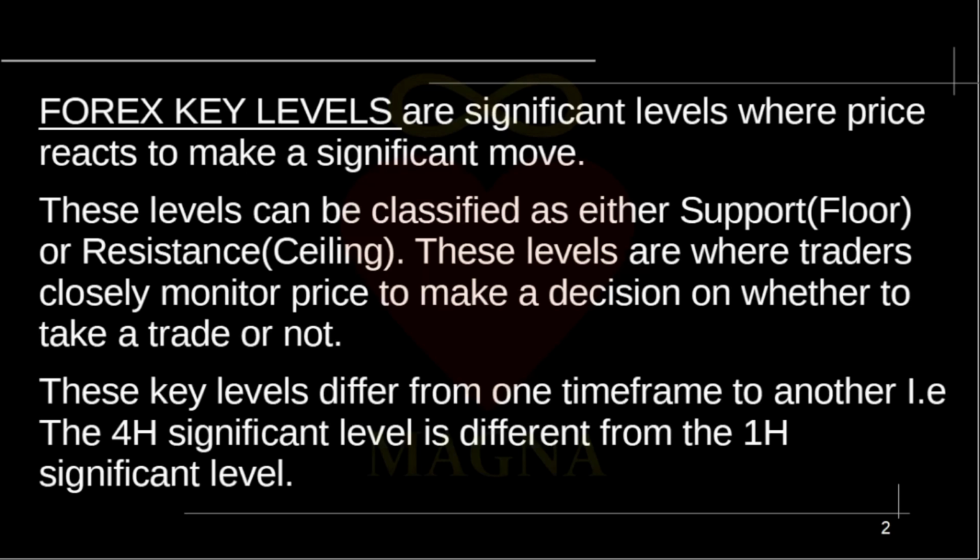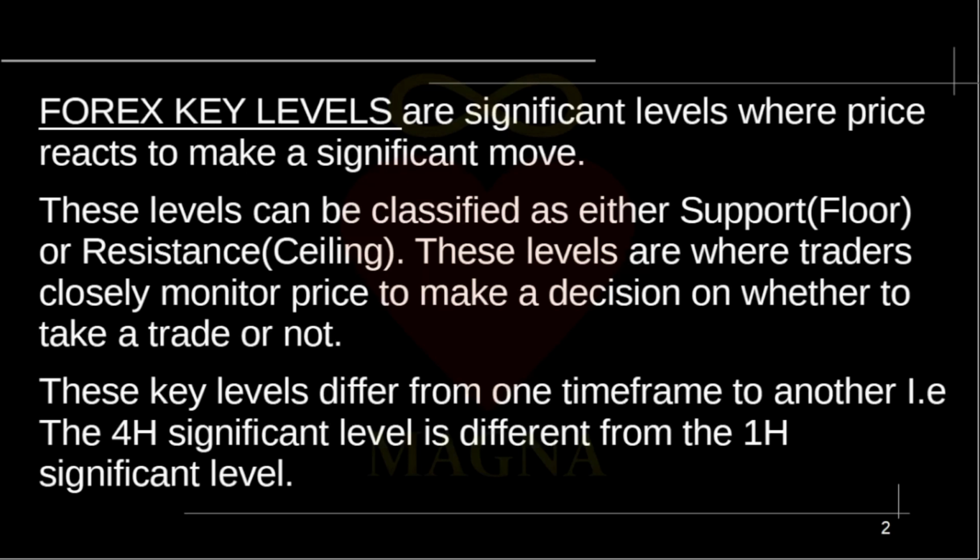These key levels differ from one time frame to another. That is, the 4-hour significant level, or 4H significant level, is different from the 1-hour or 1H significant level. This is why traders have different time frames for executing their trades and analyzing the direction of the trend.